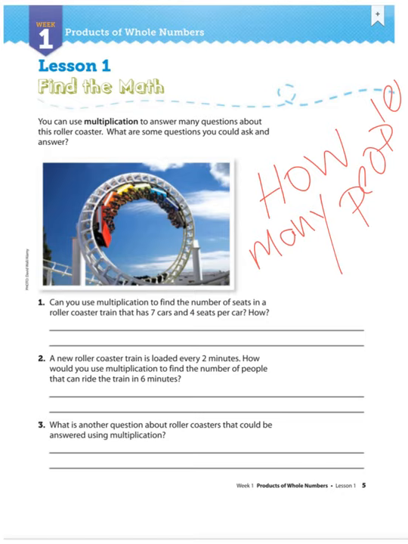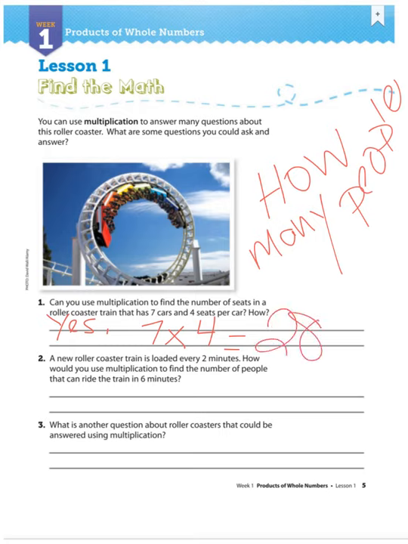We are going to multiply the number of cars by the number of seats per car. So that would be 7 times 4, and 7 times 4 is 28.